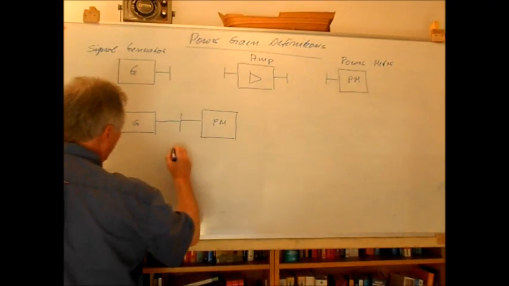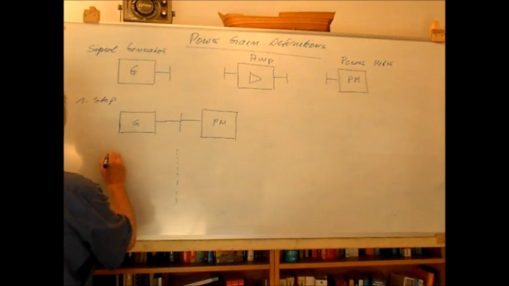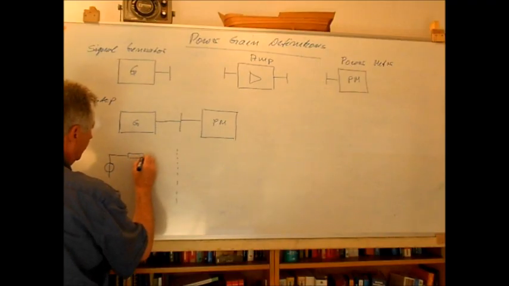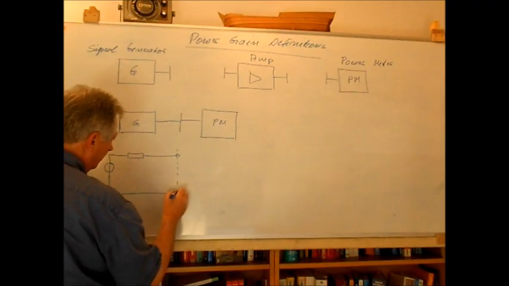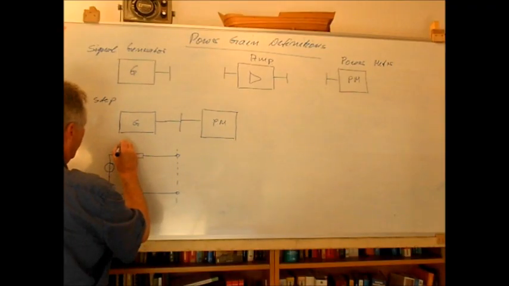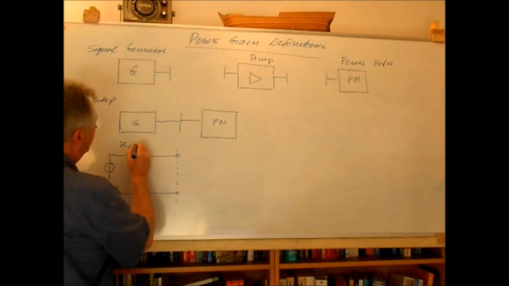So normally if I sketch the equivalent circuit, I will have here a signal source, and this signal source will have a certain characteristic impedance, ZC, and in most cases this characteristic impedance of an RF signal source is 50 ohm.